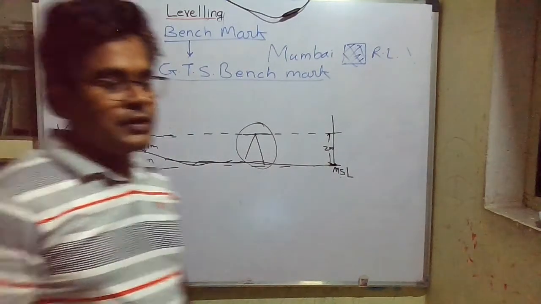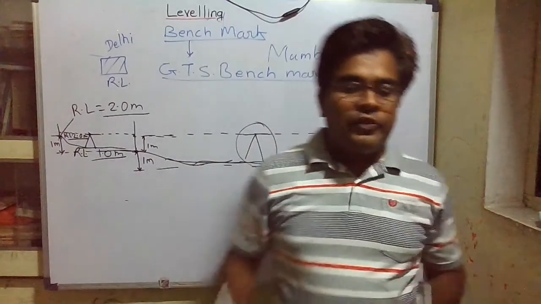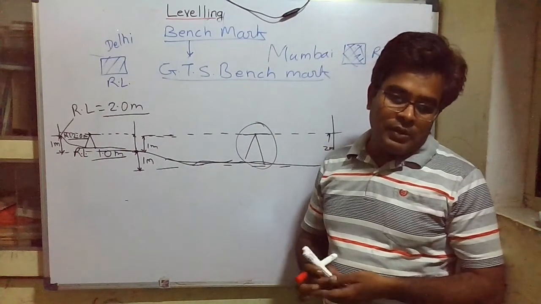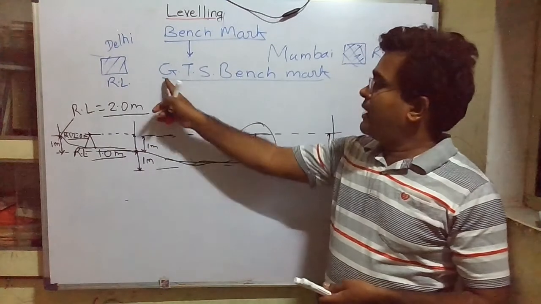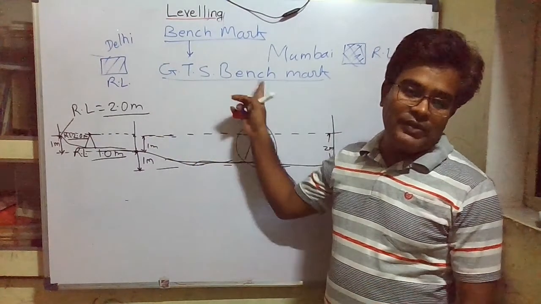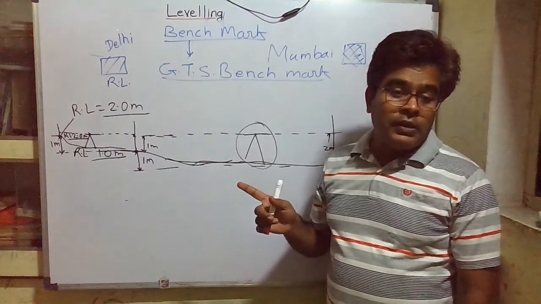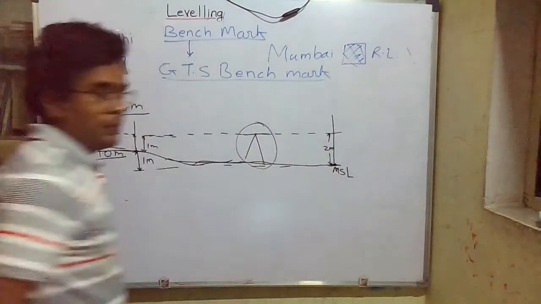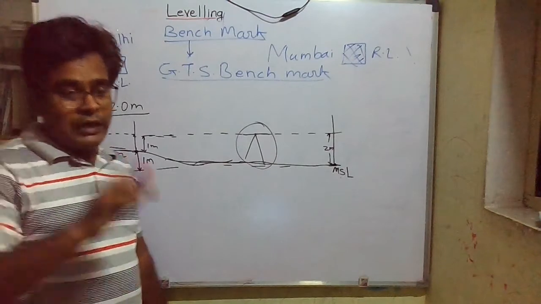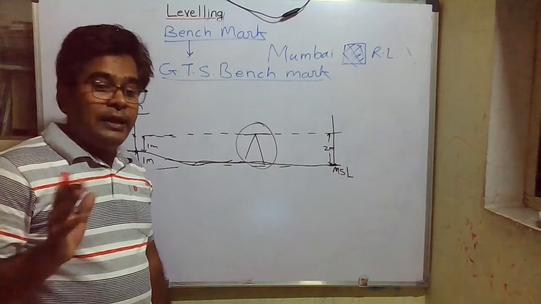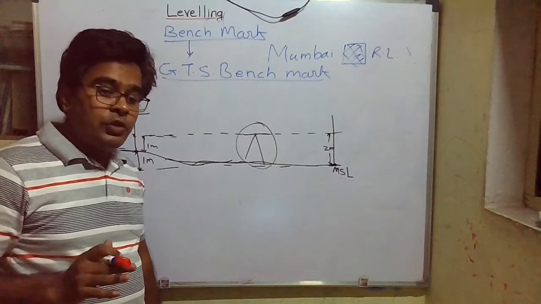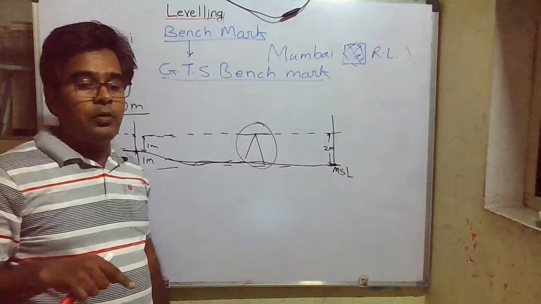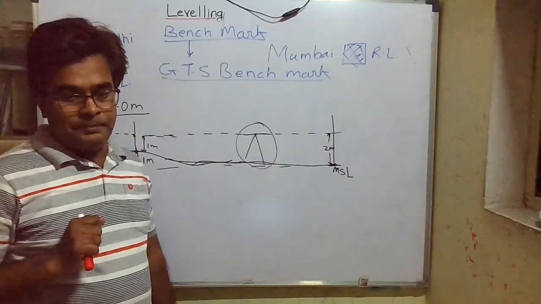This is the survey done by the Survey of India Department, and it is named the Great Trigonometric Survey. It is done to fix the RL at different cities, at different points all over India, so that it can be used to find the RL of different points around that city.